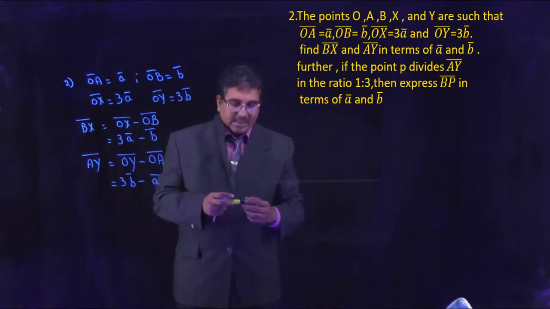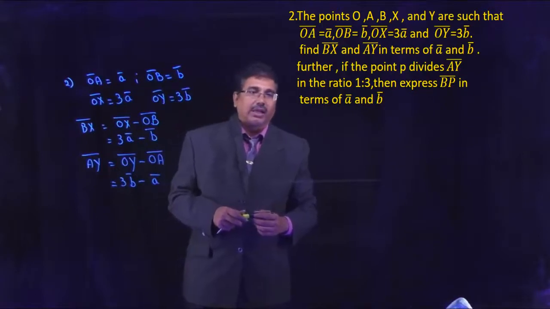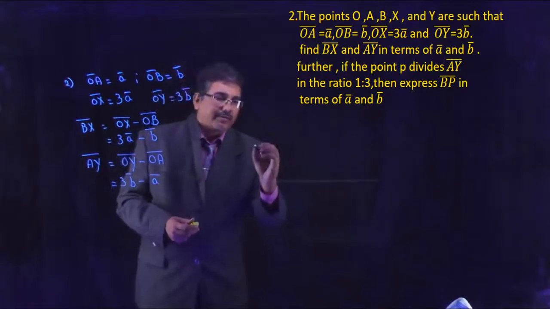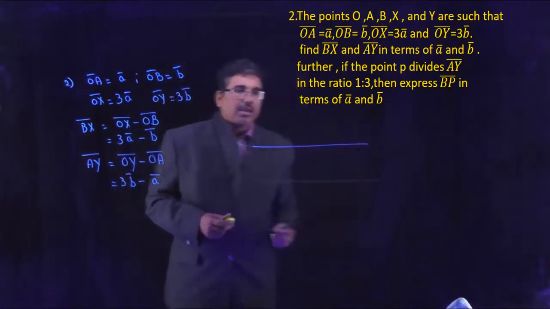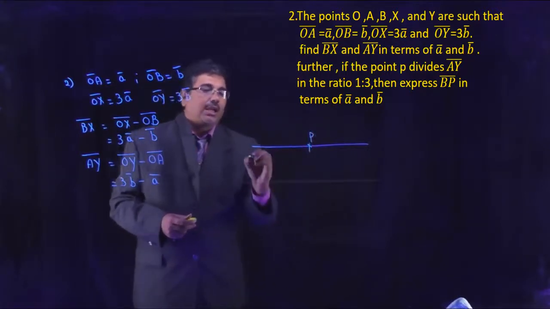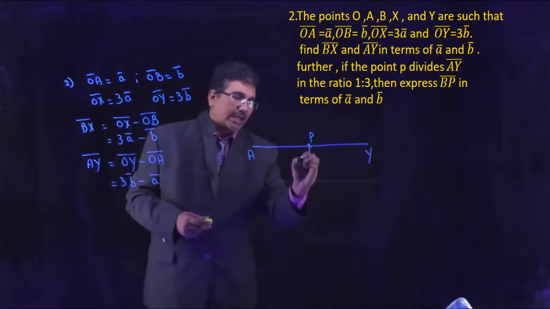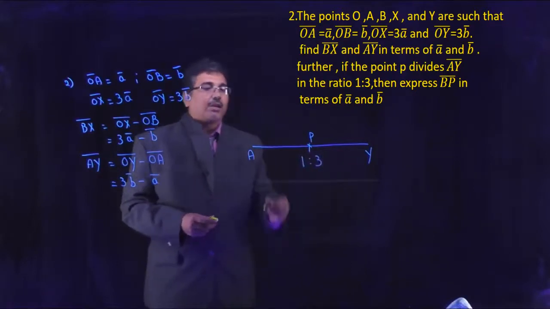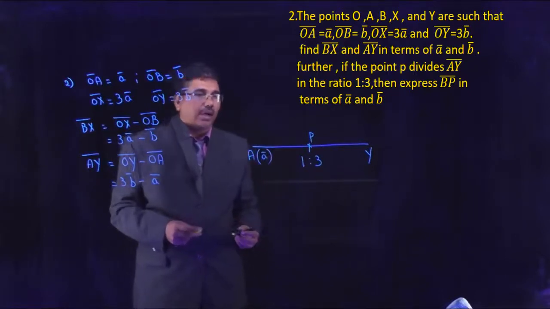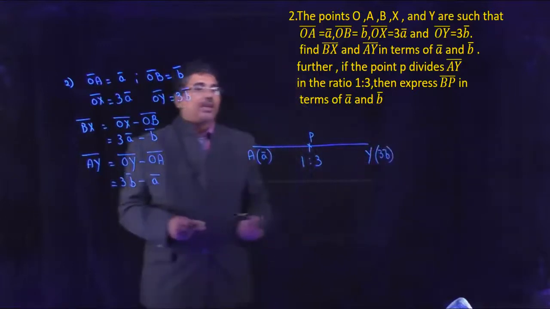Now, our aim is to find the position vector of P. Suppose P divides AY in the ratio 1:3. The position vector of A is A bar. The position vector of Y is 3 times B bar.